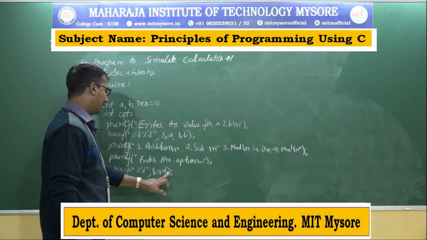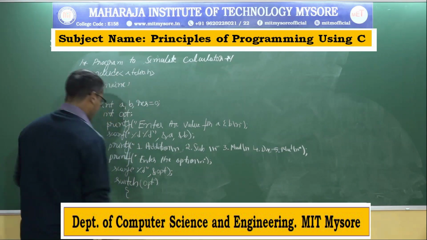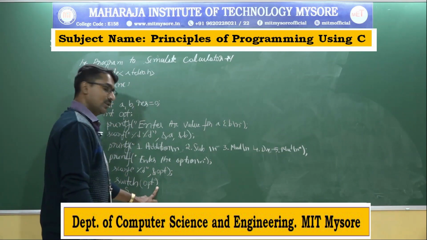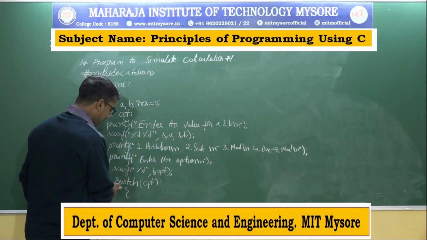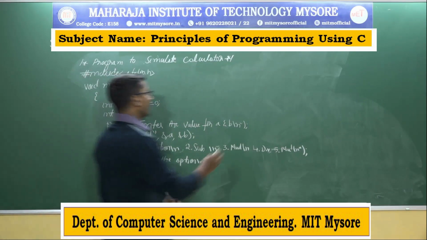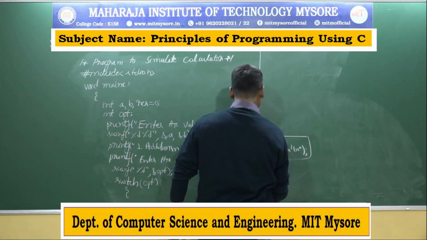Here my expression is OPT. So, I am checking the OPT value, the option value. Observe here there is no semicolon after the switch statement, so semicolon is not required. Then open bracket. Within the bracket we need to specify the cases.